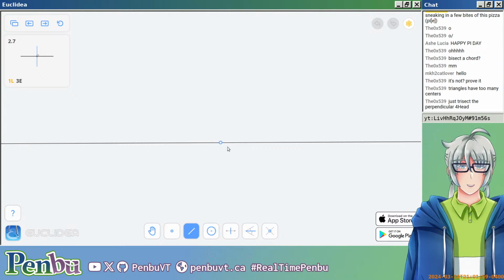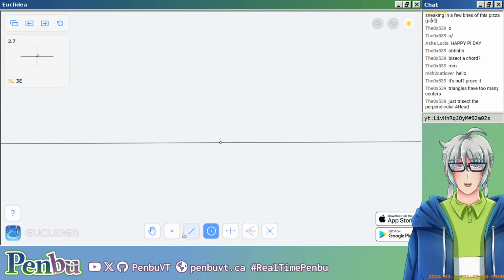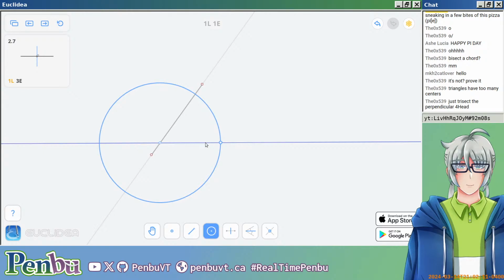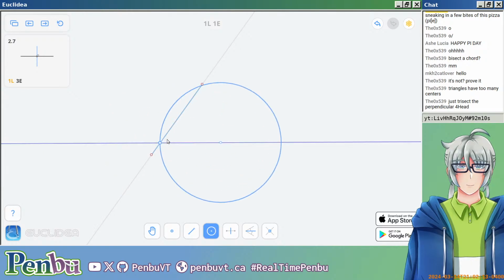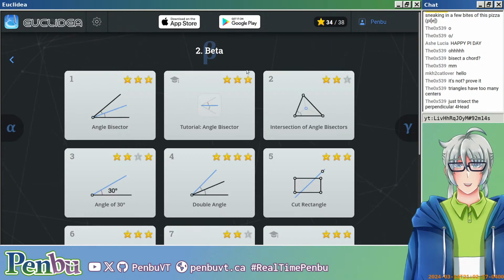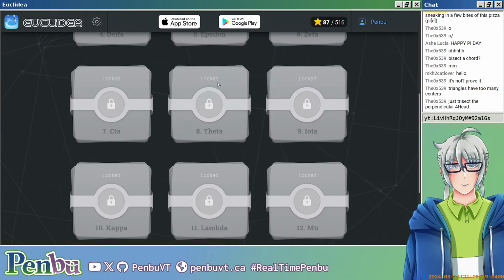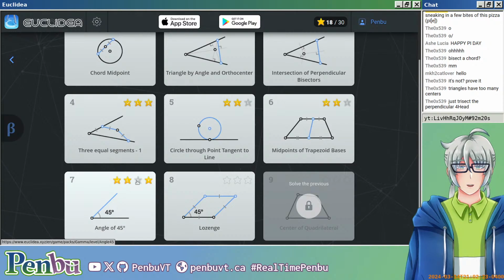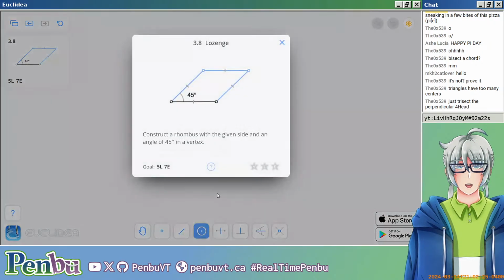Maybe you actually start with a line. But a line doesn't really make sense. I don't know. We're gonna go back. Go back to gamma.